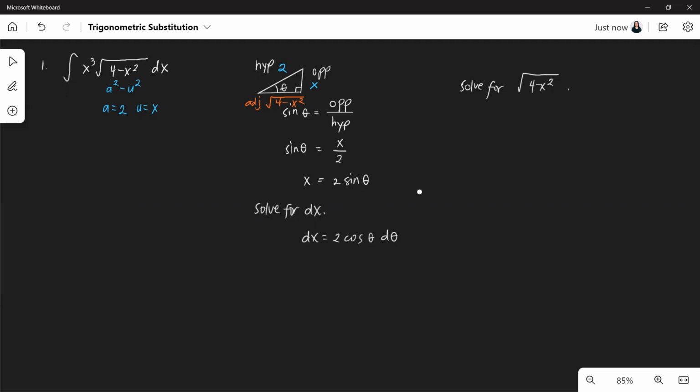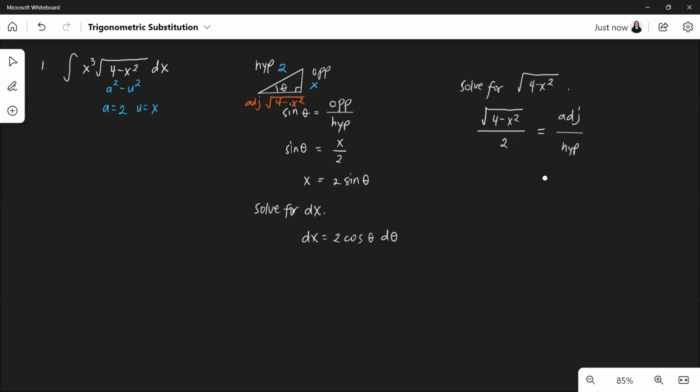So to transform this to a trigo function, choose the side which is not a constant. So of course we put the variable, square root of 4 minus x squared, on top, and at the bottom, the denominator is the constant. Basically, this is the adjacent side, and 2 is the hypotenuse of the right triangle.